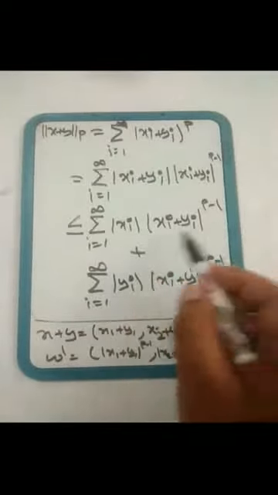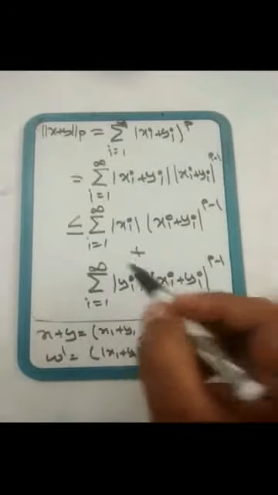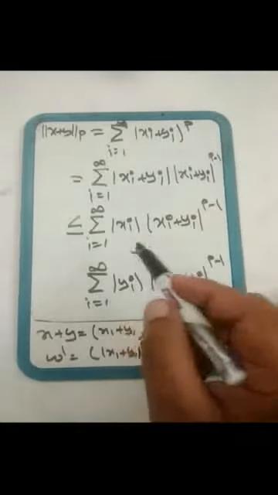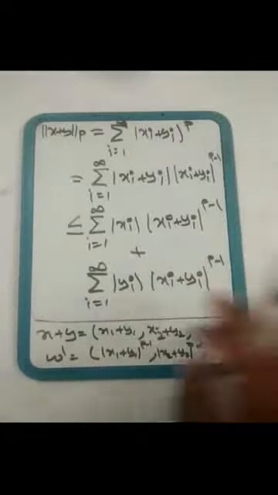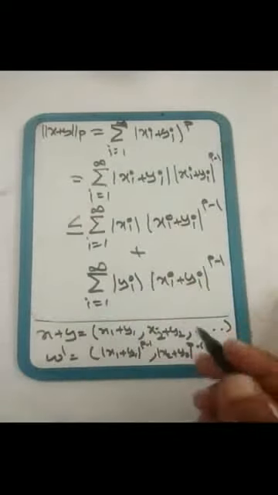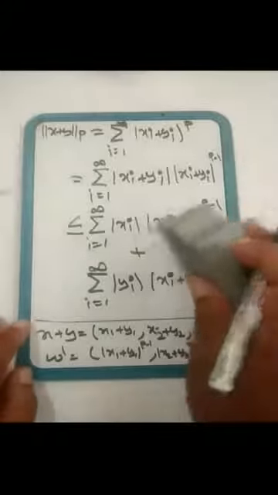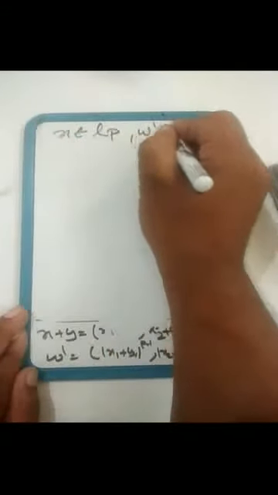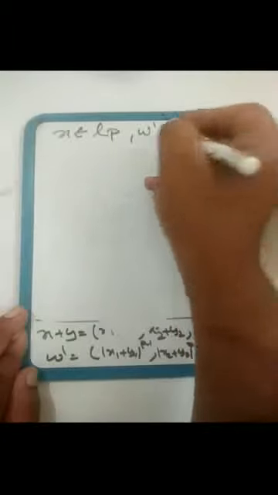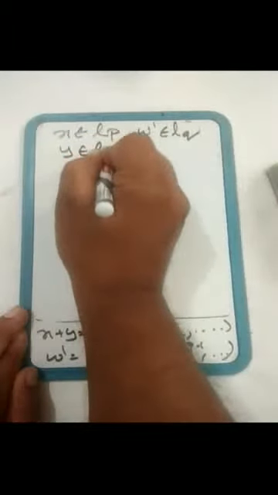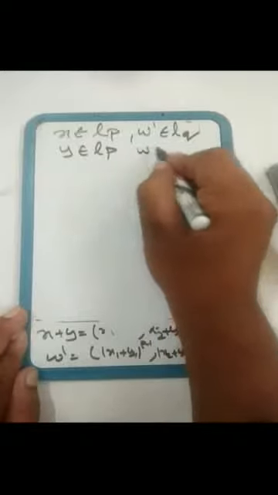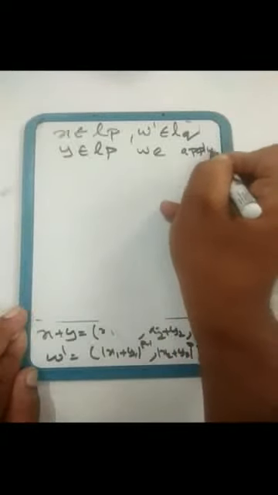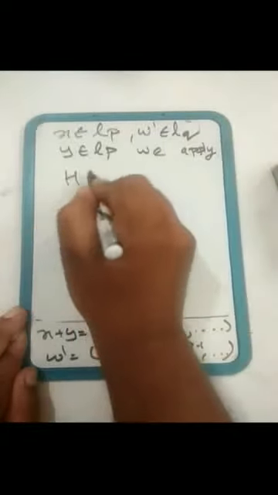So what can be said is that, if you look at here, let me write: X belongs to LP, W dash belongs to LQ. Similarly, Y also belongs to LP. We apply Hölder's inequality.